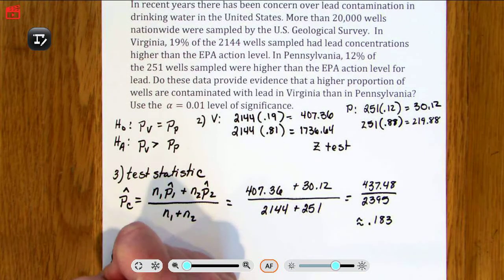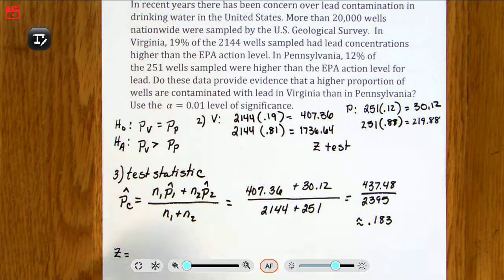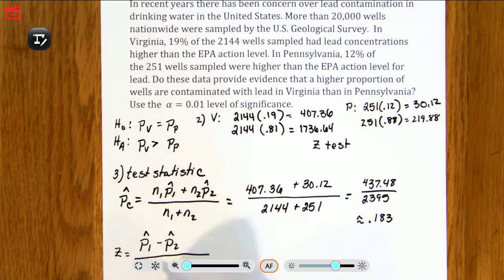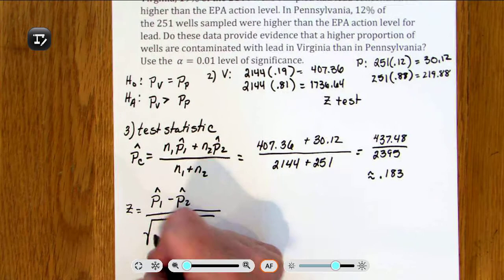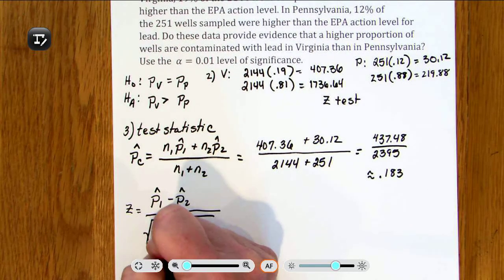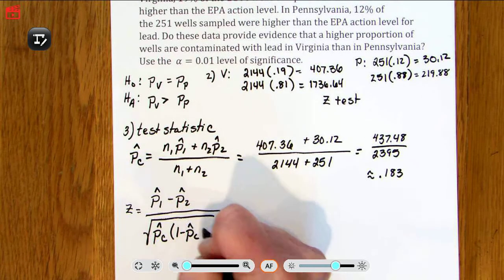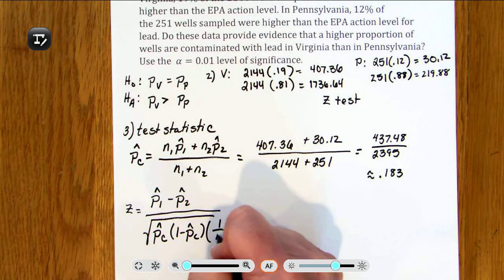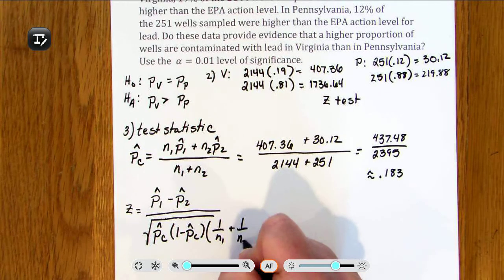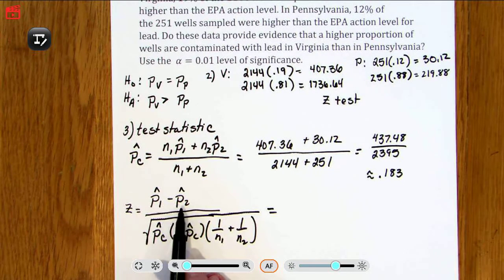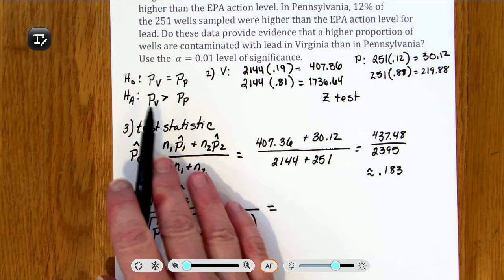So now we're ready for our z, which the formula again is p1 hat minus p2 hat, over, and I'm going to write it in the form that is easier to work with on the calculator, the square root of p hat combined times 1 minus p hat combined times 1 over n1 plus 1 over n2. And this subtraction does have to be done the same way you set it up.